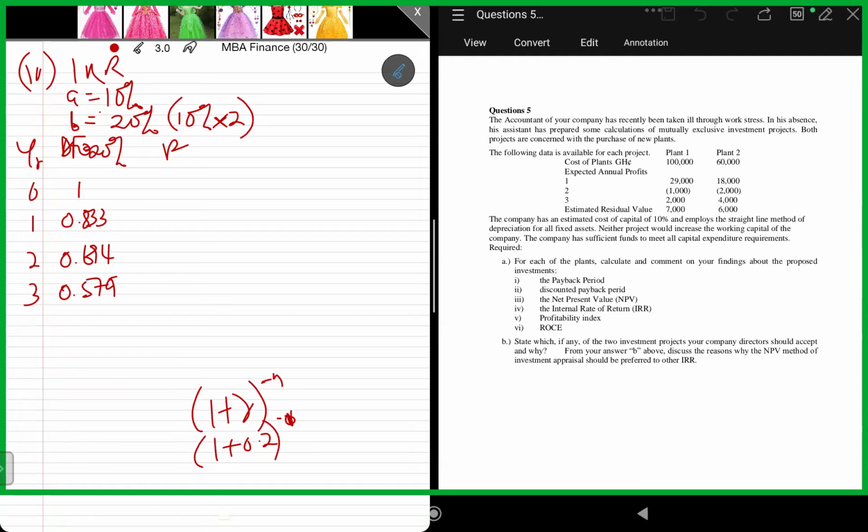Then you go to plant 1. You come with the cash flow and the PV. Plant 2, cash flow and PV. What's the cash flow for year 1? Plant 1 is 100,000, then 60,000, 30,000, 40,000.